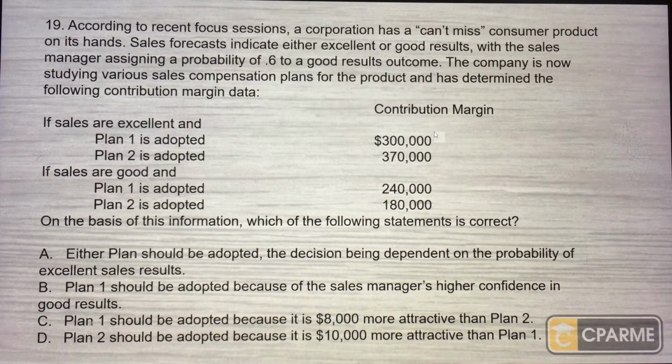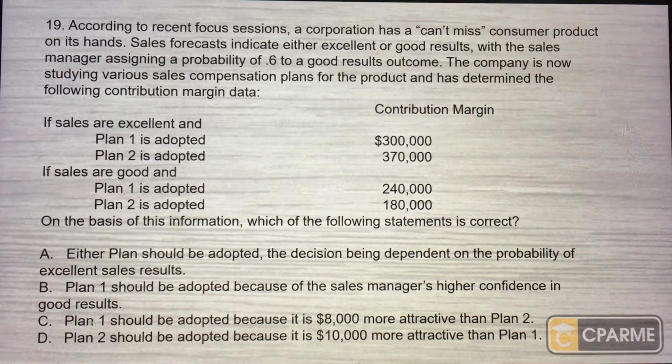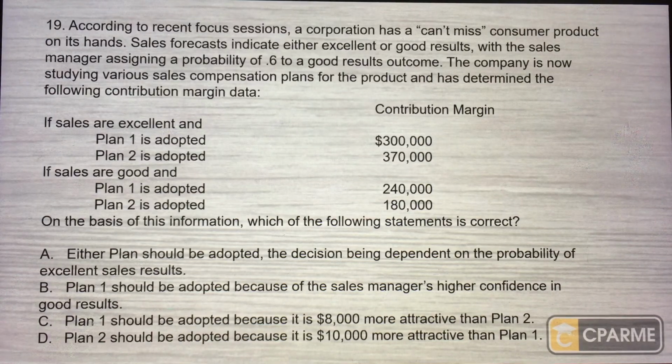Sales forecasts indicate either excellent or good results, with the sales manager assigning probability of 0.60 to good results outcome. The company is now studying various sales compensation tests for the product and is determining the following contribution margin data.